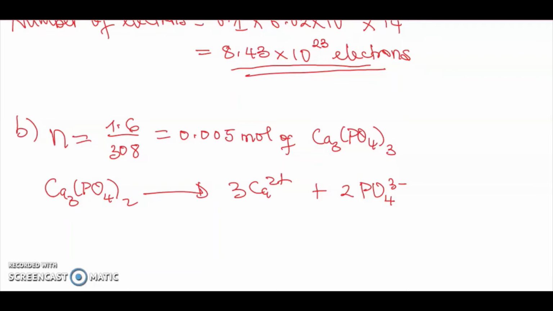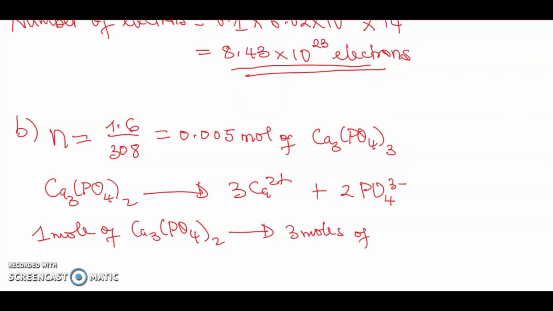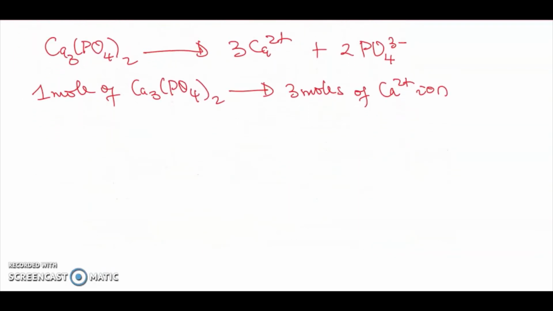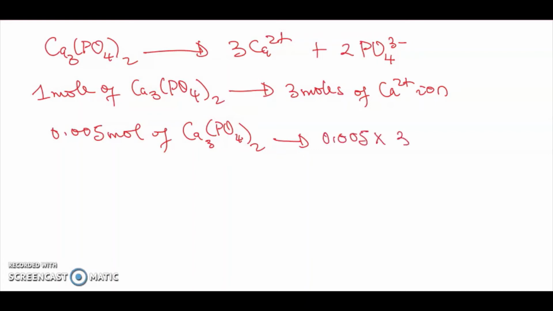So we have 1 mole of calcium phosphate containing 3 moles of calcium ions, so 0.005 mole contains, this gives us 0.015 mole of calcium ions.